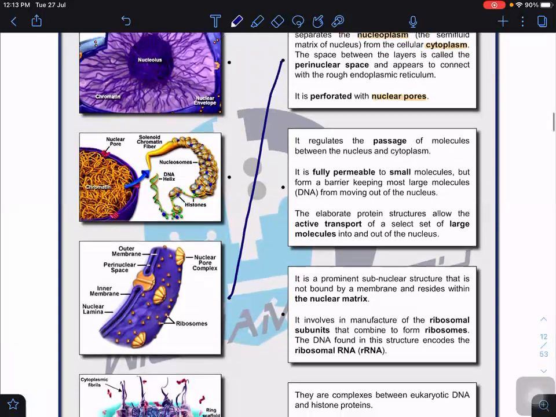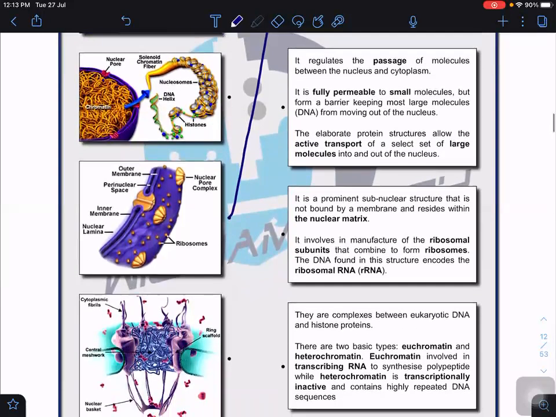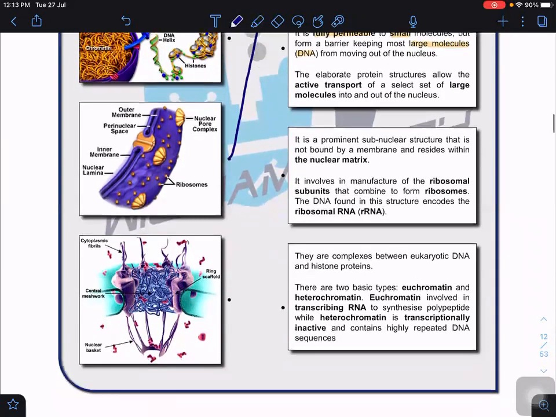Look at the second one: it regulates the passage of molecules. It is fully permeable to small molecules, but blocks large molecules such as DNA from moving out of the nucleus. So this one must be the nuclear pore.